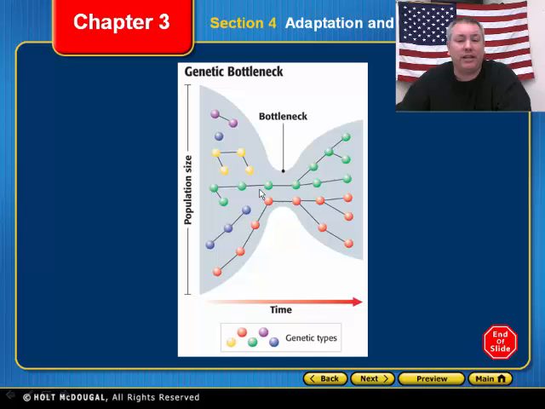All those organisms all of a sudden start dying off, and the only ones that are left are the ones that have these two specific genes. Well, guess what? All these other genes, because these organisms were killed off, are gone from the genetic variation of that organism. And so next thing you have is just these genes here.